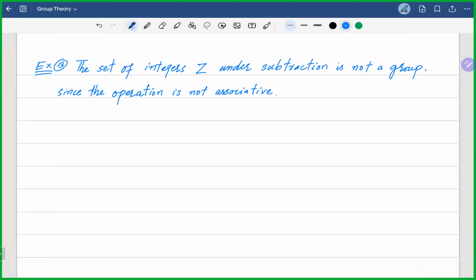Now, you can also present the example from the complex numbers.